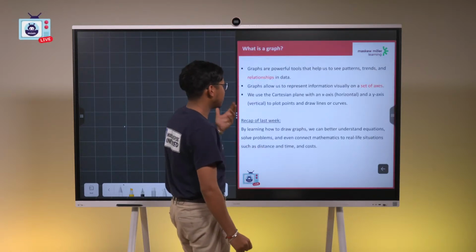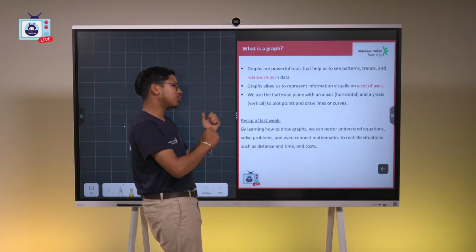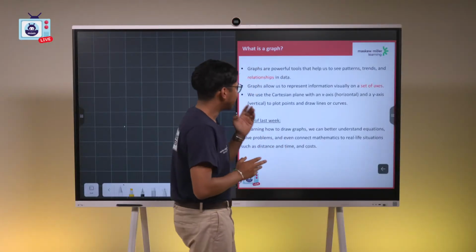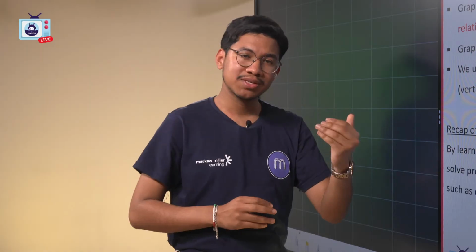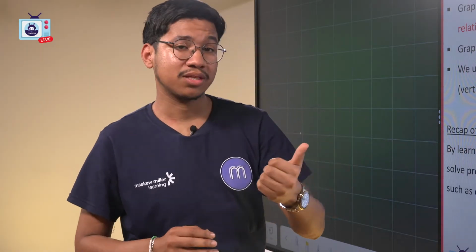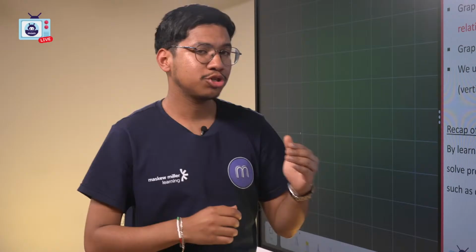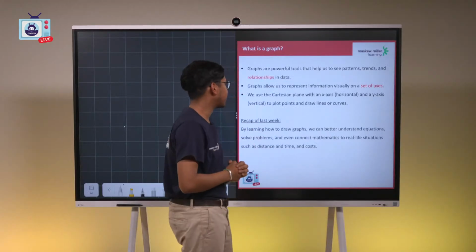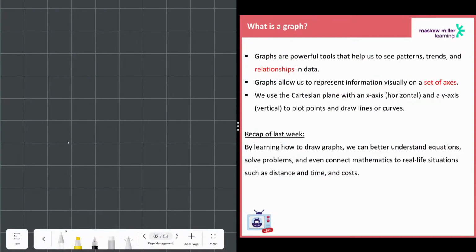All right. So again, last week we spoke about graphs and how important it is to understand the concept of graphs. Graphs are powerful tools that help us understand patterns, help us see trends, and also show us the relationship between data or the relationship between variables, all right? It allows us to represent information on a set of axes, which I explained just before this.